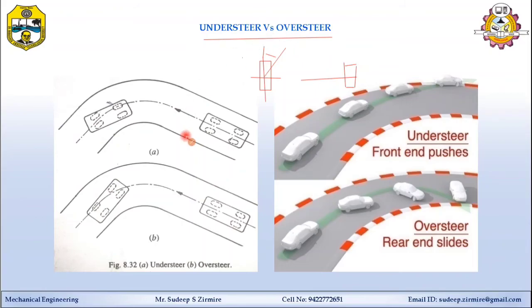Here is the understeer condition, and you can see the pictorial diagram: the vehicle is going outside the road. In the oversteer condition, the vehicle is turning inside towards the road, to the right side, while here it is going left, far away from the road.